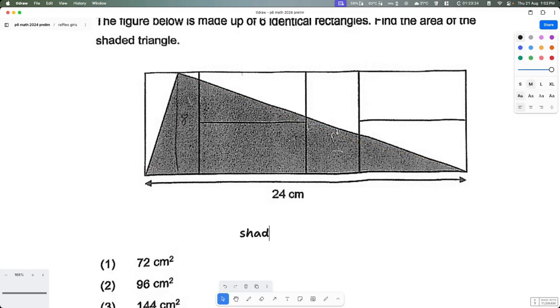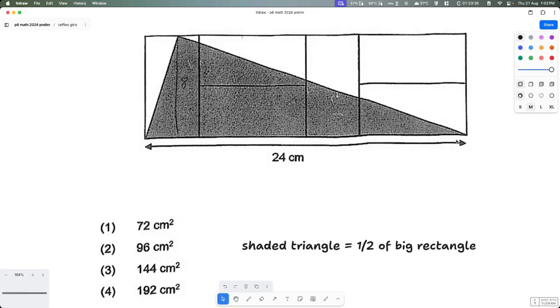the shaded triangle is equal to half of the big rectangle. So in this case, let me put in red. B is breadth. B, let me just put in yellow. This is length L, and this is B over here.